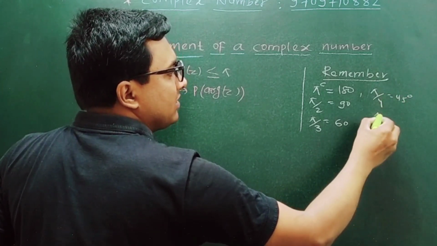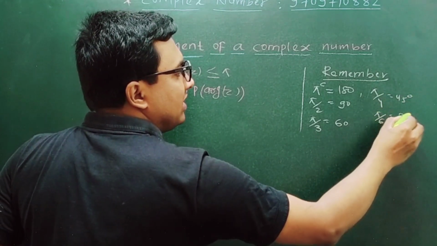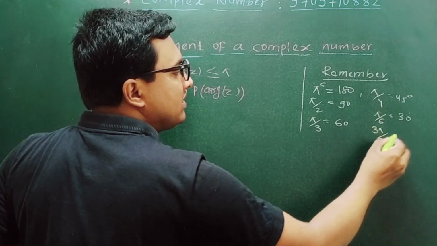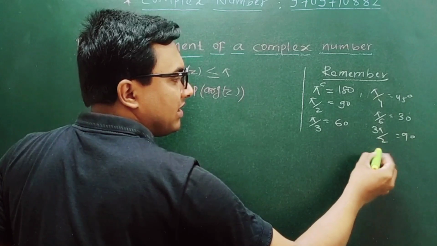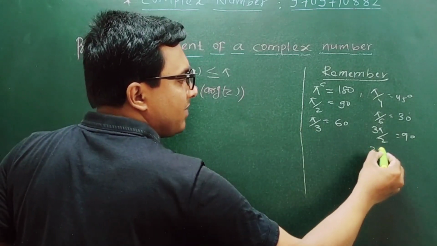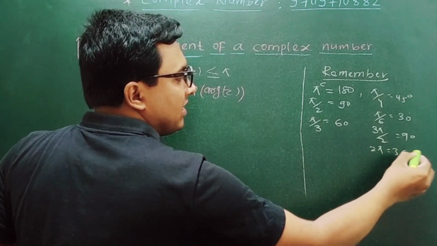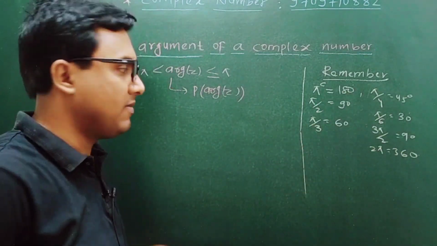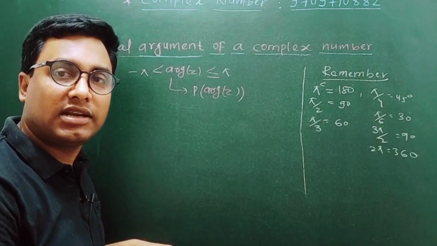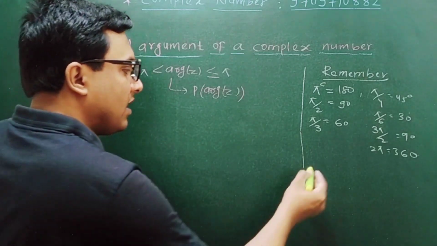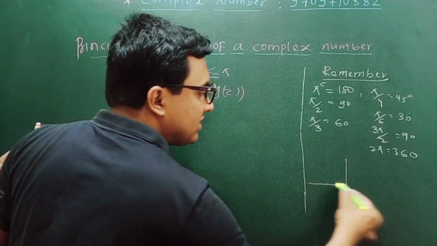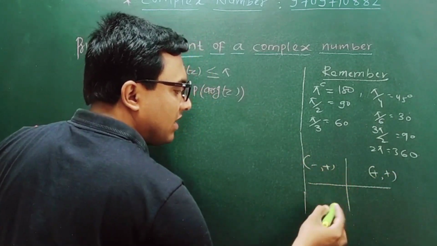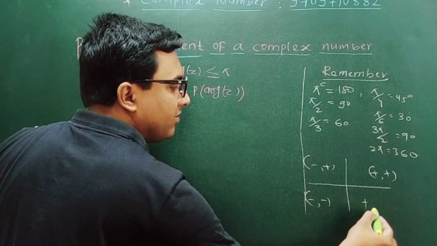Pi by 6 means 30 degrees. 3 pi by 2 means 270 degrees, and 2 pi means 360 degrees. In the radian system, 90 degrees is equal to pi by 2 radian. And you know about quadrants: plus, minus, minus, and plus, minus.